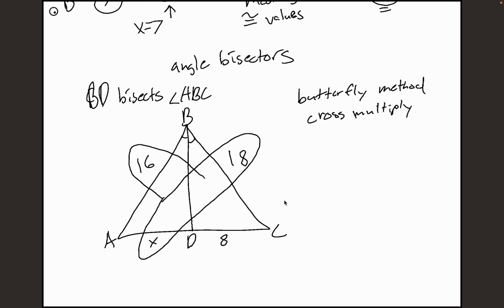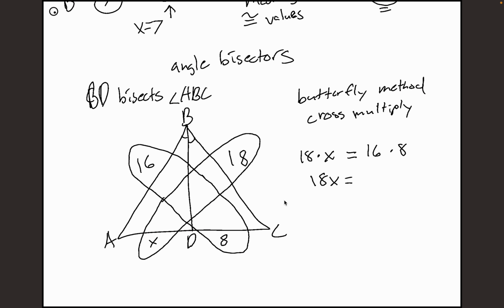I'm going to do the same thing with 16 and 8 right here. So you see how it kind of makes like a butterfly and then with those values. So what we're going to do here is we're going to do 18 times x equals 16 times 8. So when we have 18 times x, that just becomes 18x.